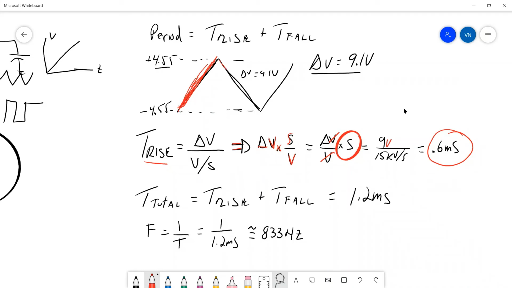We also need the fall time. The period is from here to here, between those 2 points. So the total time is the rise time and the fall time. That's going to be 1.2 milliseconds. When I invert that, I get the frequency, 833 hertz.